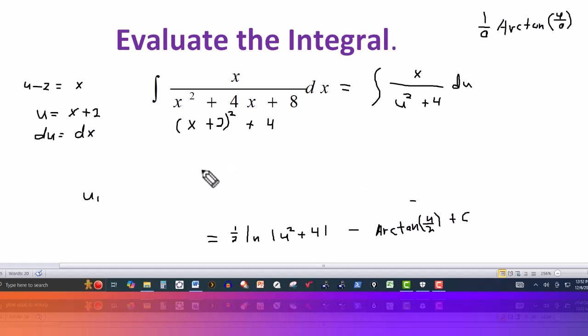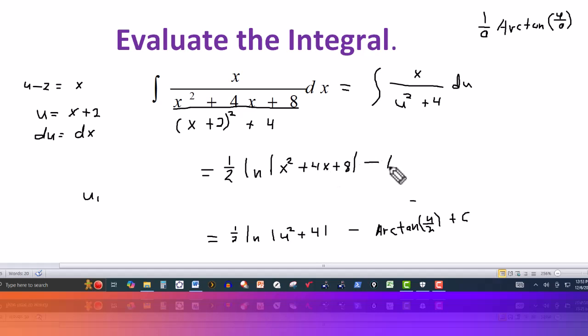So when I go up here, this will be equal to 1/2. And remember, this u squared plus 4 is that denominator right there. So this is just going to be x squared plus 4x plus 8.